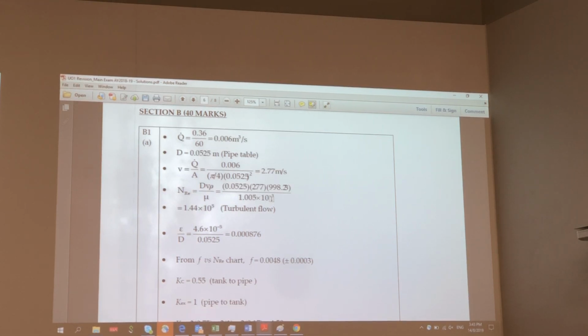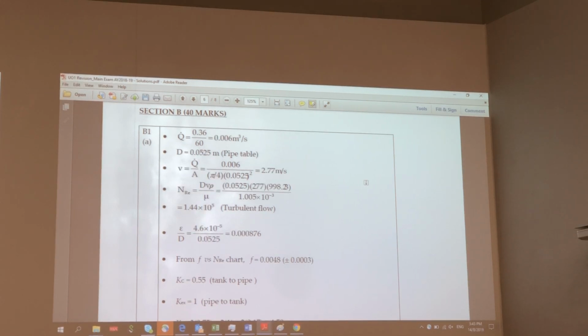So I need to highlight this again. Don't forget the -3 for viscosity. So usually the Reynolds number will be quite big. Okay.